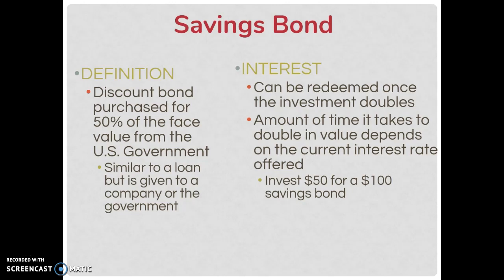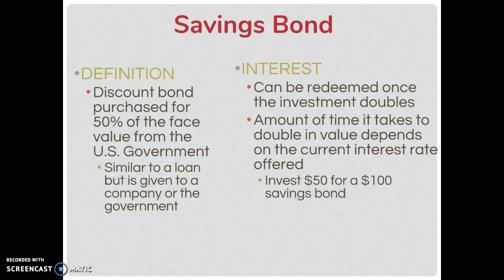Savings bonds are purchased from the United States government, and it's kind of like a loan, but it's from the government. So for instance, if I wanted to buy a savings bond from the government, I would, let's say, buy it for $500. Now the government will turn around and they'll use that $500 to build new roads, improve some of the infrastructure, whatever they want to do with it.